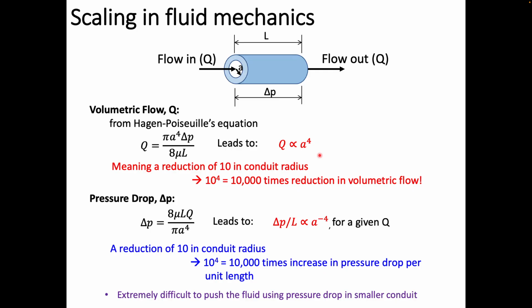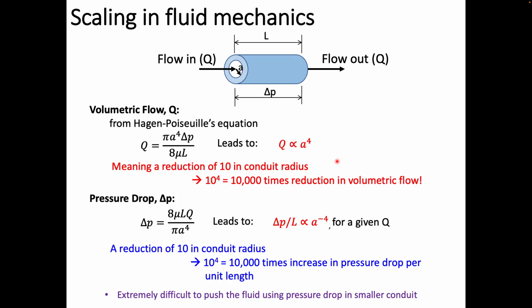If we focus on just the diameter or radius, it has this relationship. So what does it mean? If we reduce this conduit radius by 10, the volumetric flow is reduced by 10,000, because it has this fourth power.